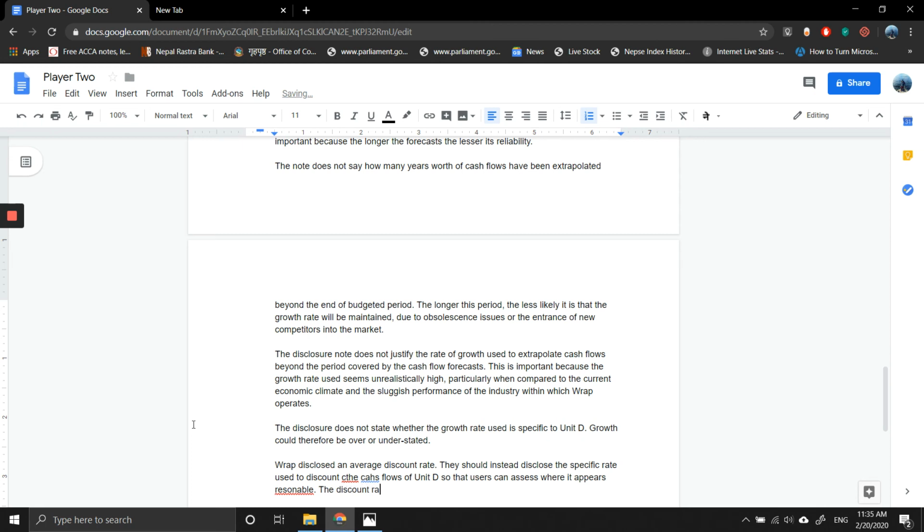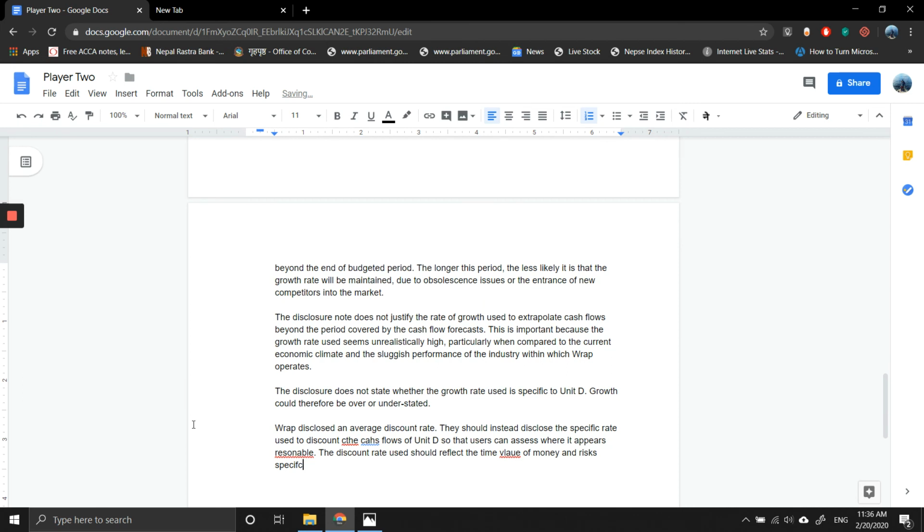The discount rate used should reflect time value of money and risks specific to the CGUs for which future cash flow estimates have not been adjusted, right?